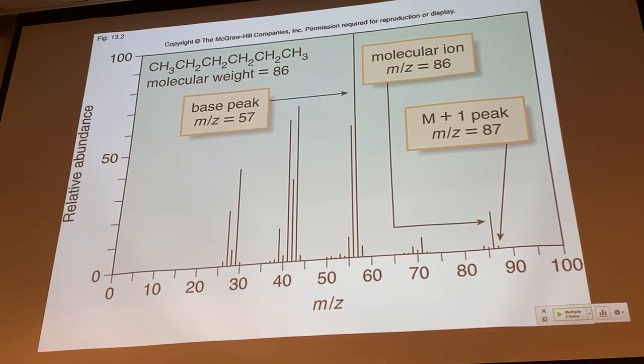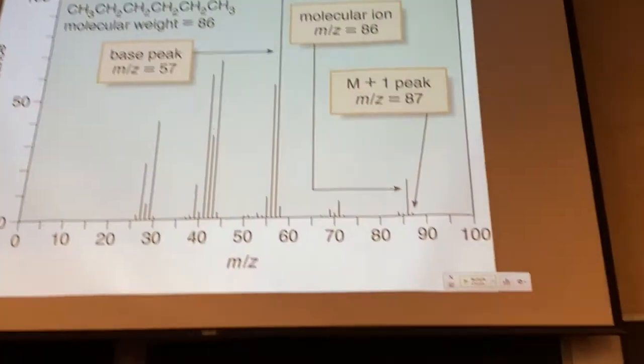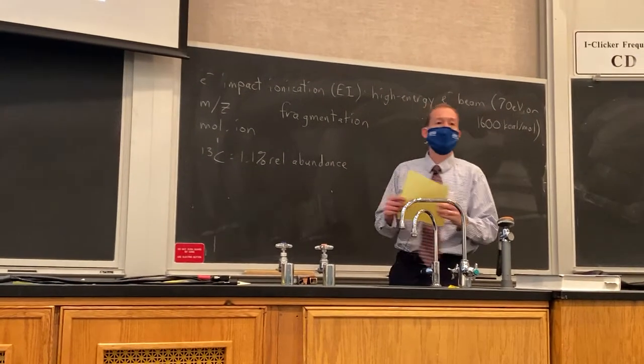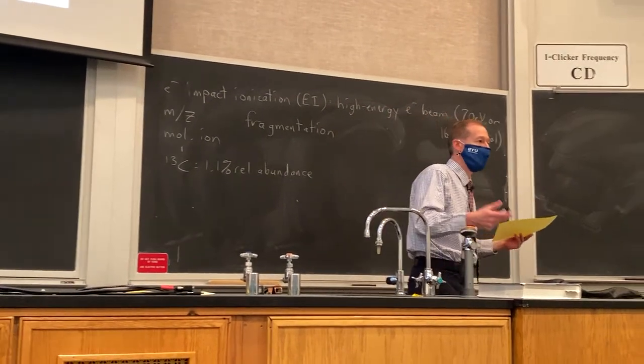But there's no such thing as an average atom. You either have one isotope or you have another. So with carbon, carbon 12 is our most abundant isotope. But we have carbon 13 with a 1.1% relative abundance. So roughly 1 out of every 100 carbon atoms is going to be a carbon 13 atom.